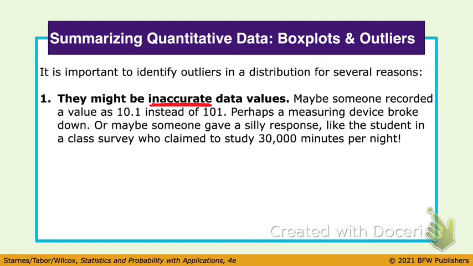Or maybe a measuring device broke, or somebody gave a silly response. Maybe a student says they did 30,000 minutes of homework per night. I know sometimes it probably feels like that many, but outliers help us identify if there's maybe a mistake.